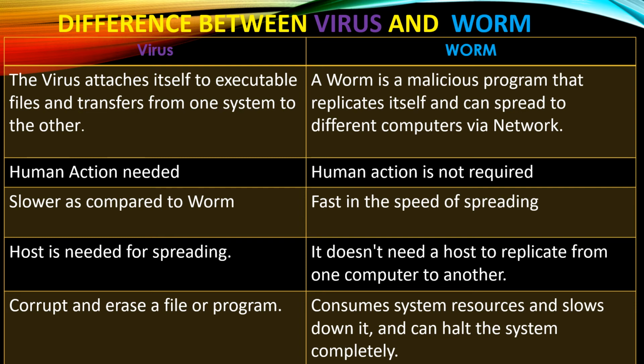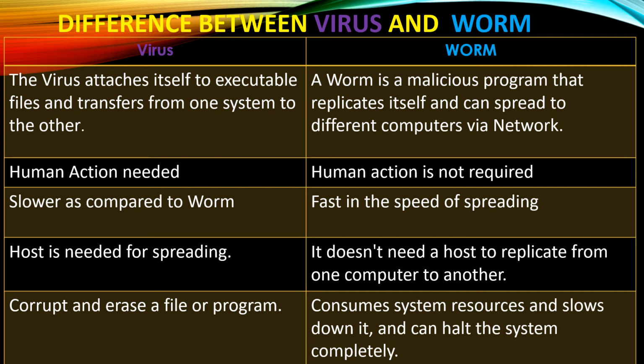Third point is speed. A virus is slower as compared to a worm in terms of spreading. In contrast, a worm is fast in the speed of spreading. Fourth point is host is needed for spreading, which means a virus doesn't run independently.